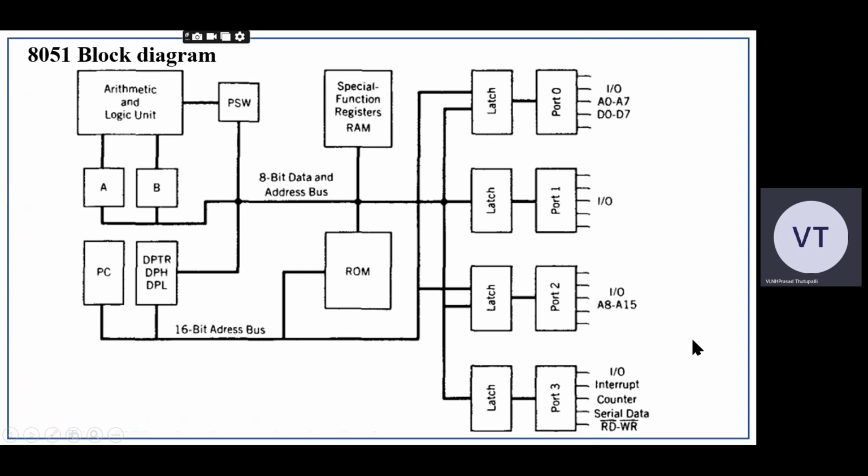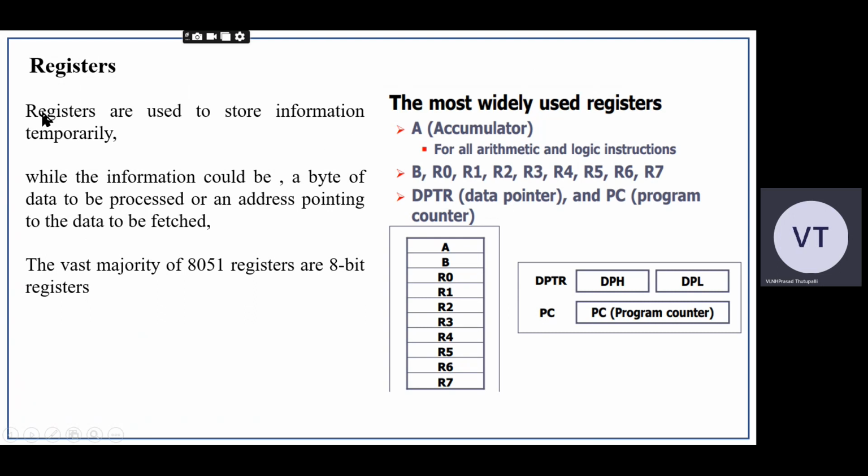Let us see the detailed discussion of each and every block. Coming to the registers, registers are used to store information temporarily. Just like a rough notebook: if somebody tells you a contact number which is very important for you, you want to note it down, so you need a place to note it down.